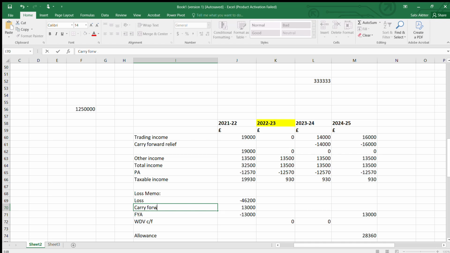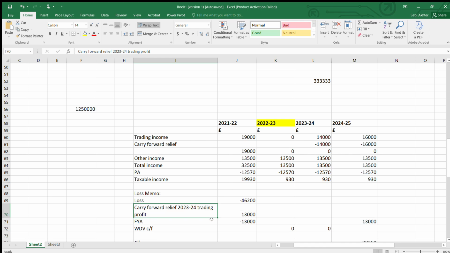Always write the name of the relief. Is it carry forward, carry back, terminal relief, what relief? And the tax years. So carry forward 2023-24 against trading profit.